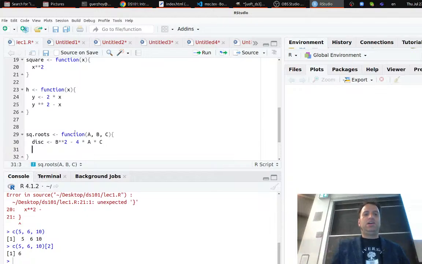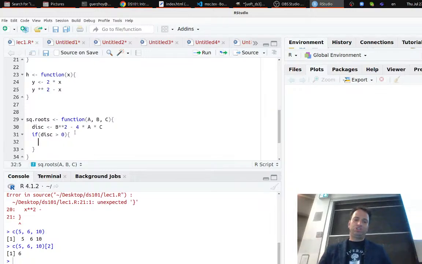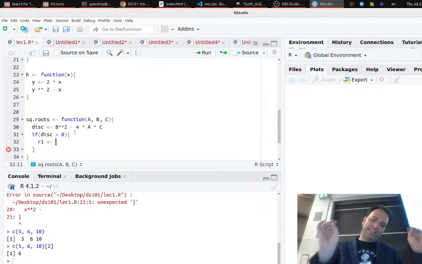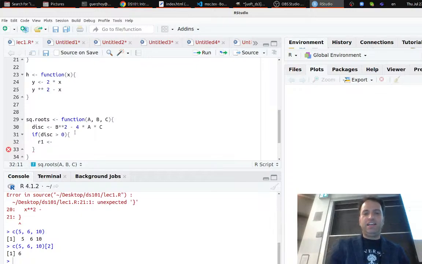Like this. And now we have 3 cases, right? The discriminant is greater than 0, equal to 0, or smaller than 0. So if the discriminant is greater than 0, then we have 2 roots, so I'll return the 2 roots. The way I'll do it is, whenever I say R1, what I mean is minus b minus the square root of the discriminant divided by 2 times a.